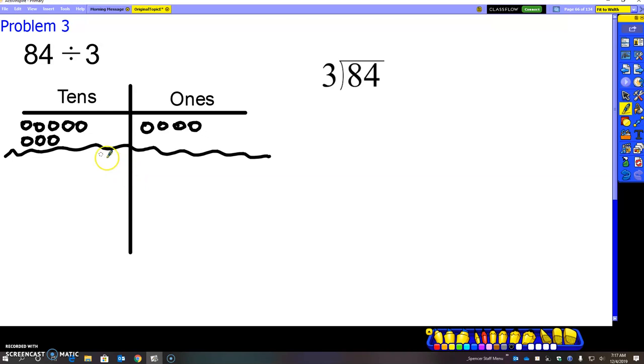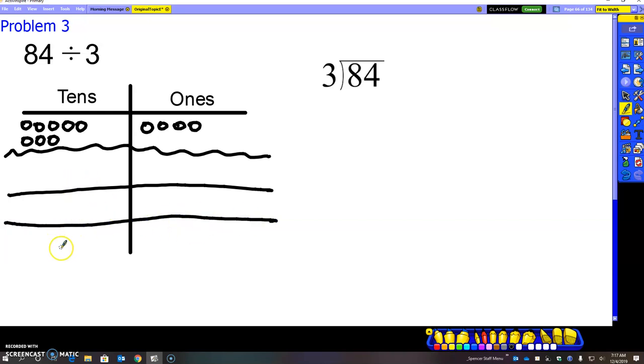I'm dividing into 3 groups, so 2 lines will make me 3 nice groups. I've got my 1, 2, 3 that are going into my 3 groups first. 1, 2, 3 going into my 3 groups next. And, oh, I have 2 tens left over this time. I know this is quite a bit of drawing, but do it neatly.